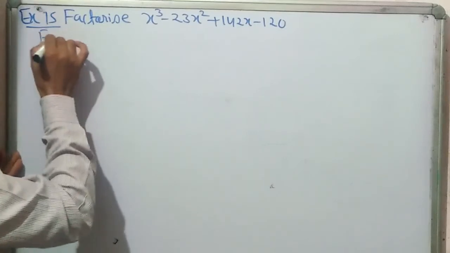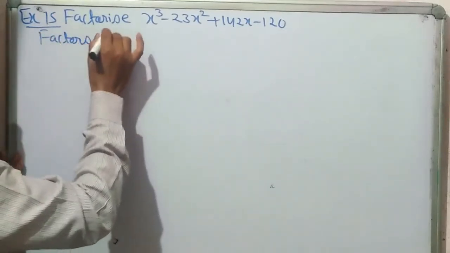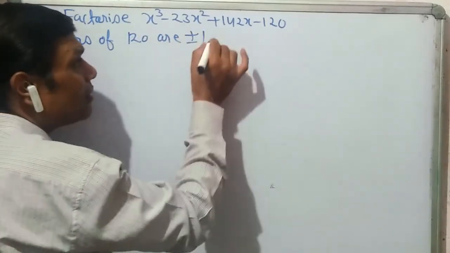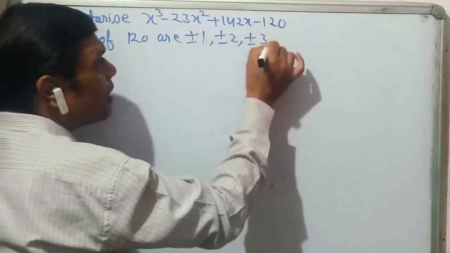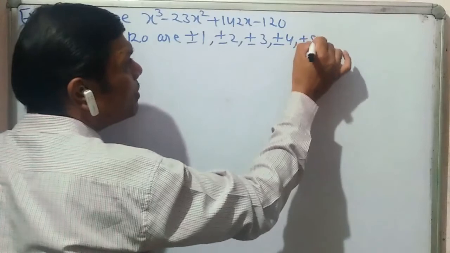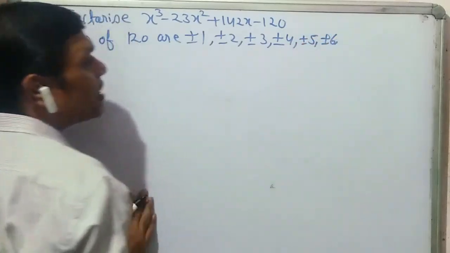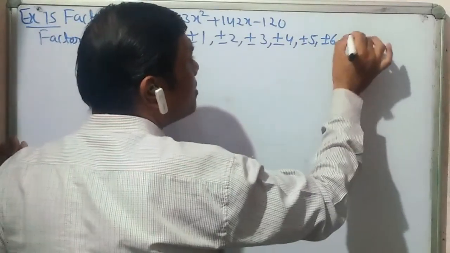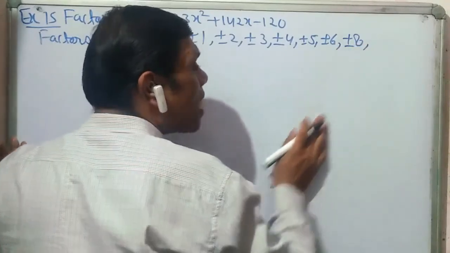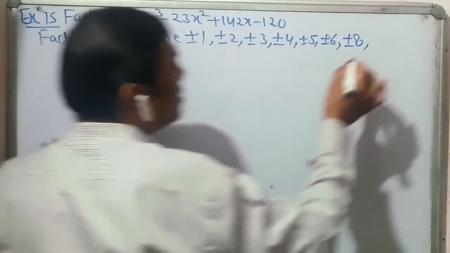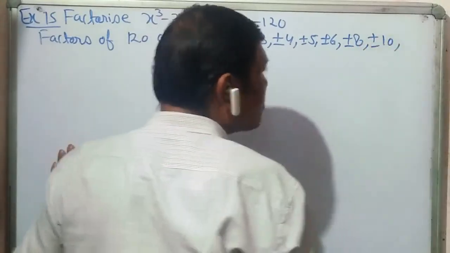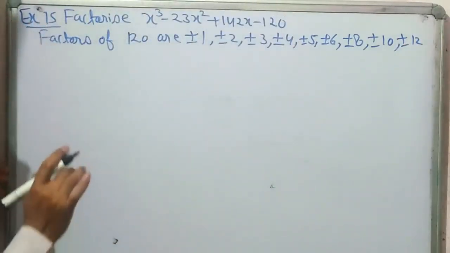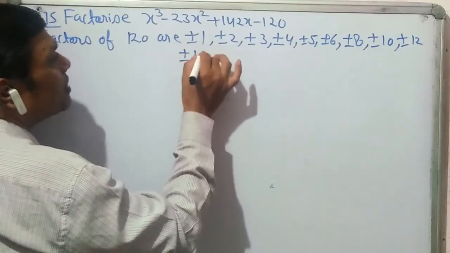So here, factors of 120 are plus minus 1, plus minus 2, plus minus 3, plus minus 4, plus minus 5, plus minus 6. 7 is not a factor. 8 is a factor, so plus minus 8. 9 is not a factor. 10 is a factor, plus minus 10. 11 is not a factor, plus minus 12 is a factor. 13 is not, 14 is not, 15 is.